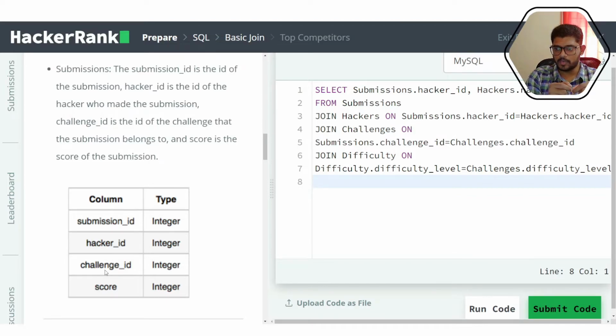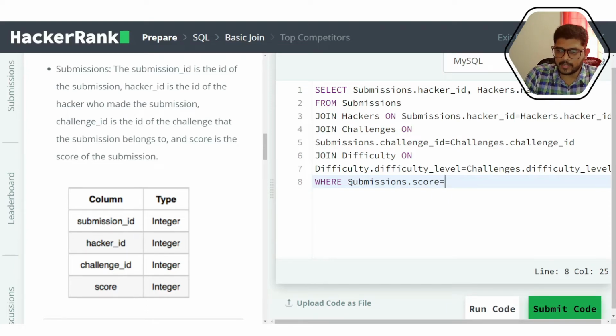It's the score awarded to the hacker who solved that one particular problem. So submissions.score. I will have to put that in a WHERE clause. Submissions.score is the score or the mark obtained by that particular hacker.